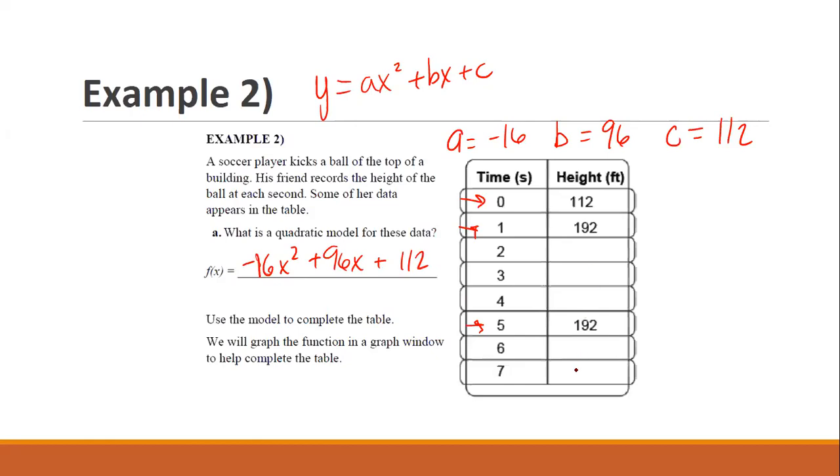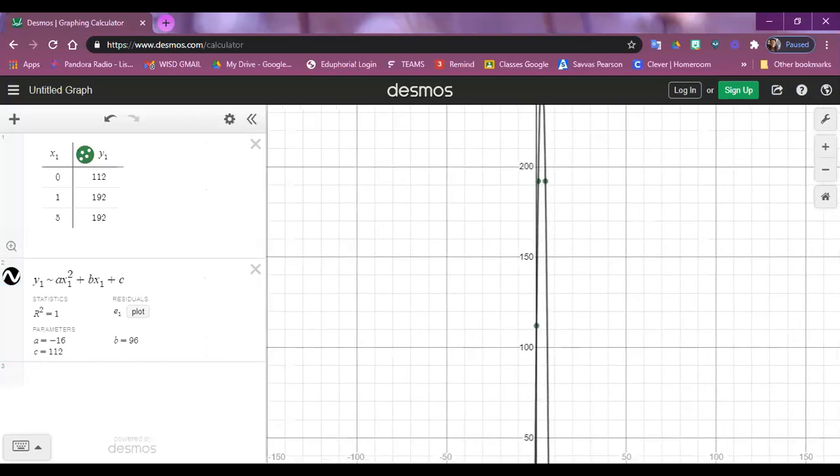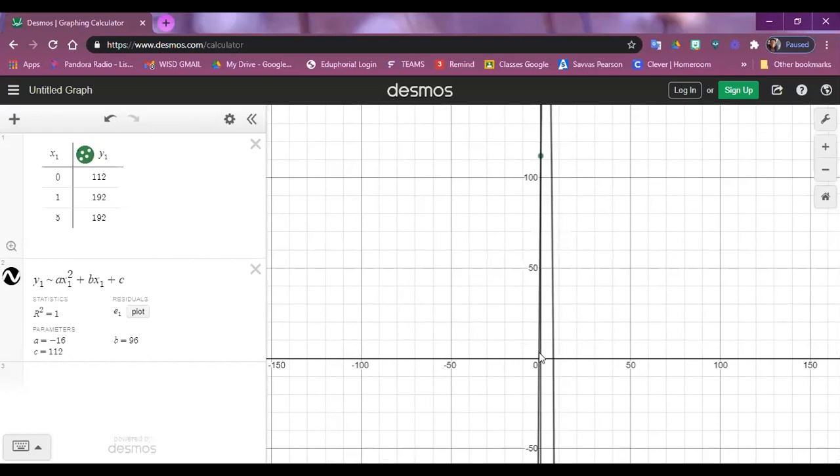And it wants us to fill in the rest of the table. So where was the ball at 2 seconds, 3 seconds, 4 seconds, 6 seconds, 7 seconds? You can click along the graph. That's a feature. If I'm looking for 6 seconds, 6 was 112.